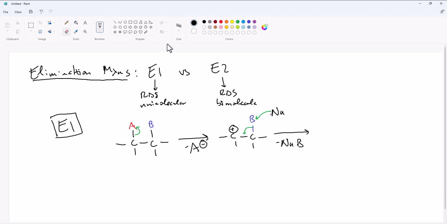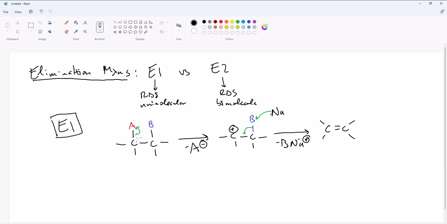Actually, let me write that how it would be written as an ionic salt. So we would lose B and Nu, and this might have a plus charge depending on the charge of the nucleophile. And we would be left with the C double bond C.